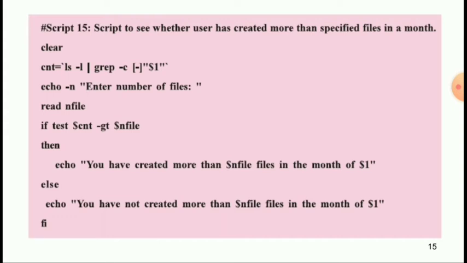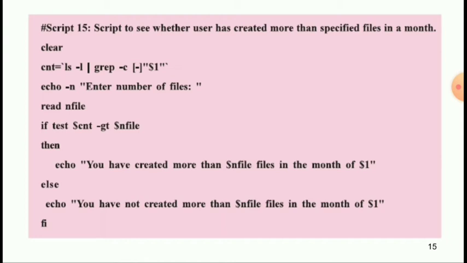Script number 15: script to see whether the user has created more than the specified number of files in a month. First command is clear. cnt, that means count, equals ls -l | grep -c, in brackets hyphen inner comma dollar one inner comma complete, and then backward. echo -n enter number of files, read nfile.